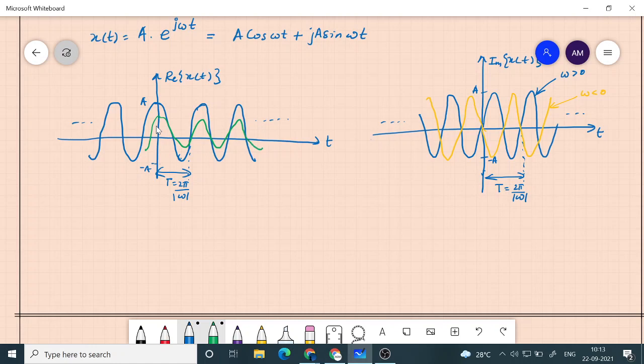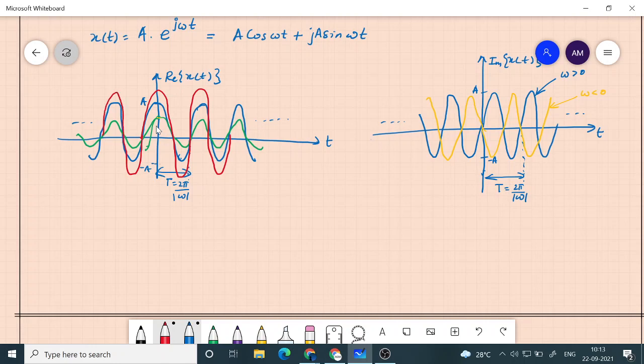Or it could be a bigger sine wave, but its period will be the same. Here I am showing a small sine wave, or it could be a bigger sine wave, where A is multiplied by a larger number, so I can increase the amplitude like this.